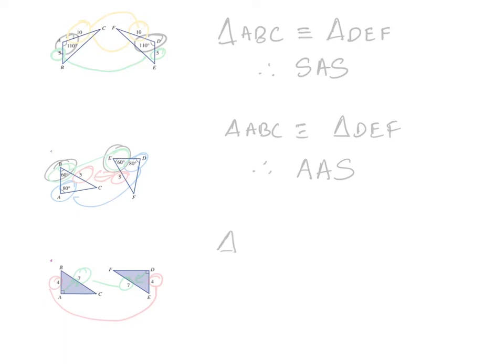Well, that is triangle ABC again is congruent to triangle DEF. We don't have any angles here, but between A and B is 4 and between D and E is 4. So you know what direction you need to go in order to write your congruent statement. So we've got our congruent statement, and the test that we used here was the right hand side rule.